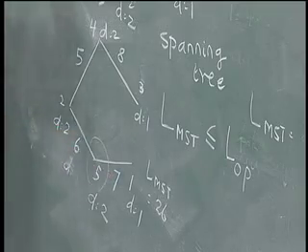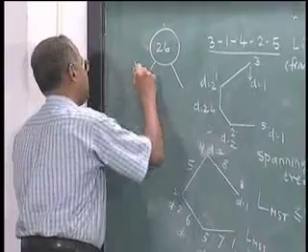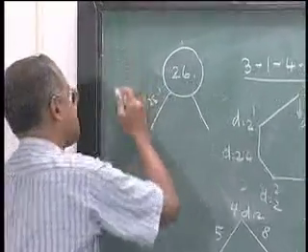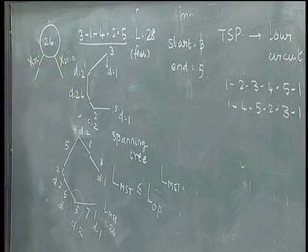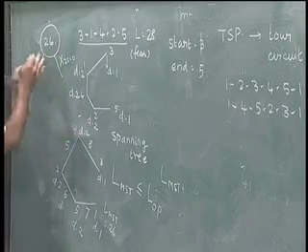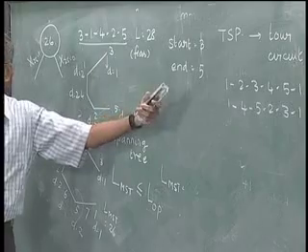So, we could say that either this is in the solution or this is not. So, we could do a branch and bound algorithm from here saying either x25 equal to 1 or x25 equal to 0. Like this we can build a branch and bound algorithm to get the optimal solution to the travelling salesman path problem also.